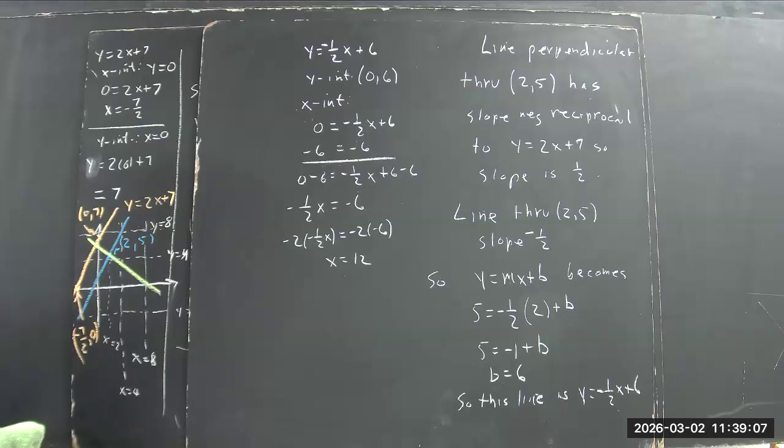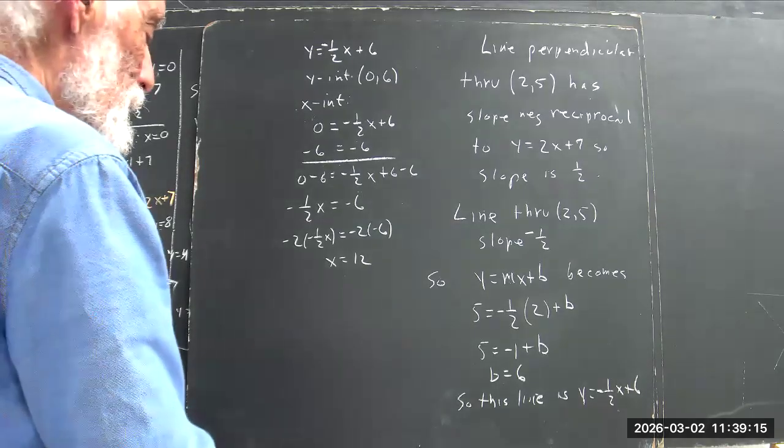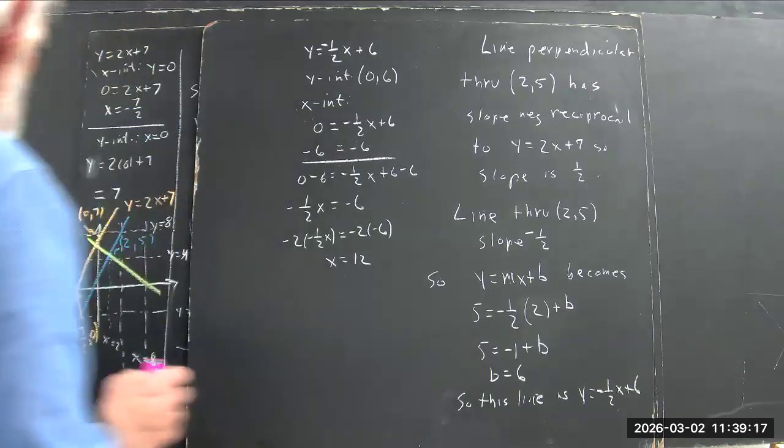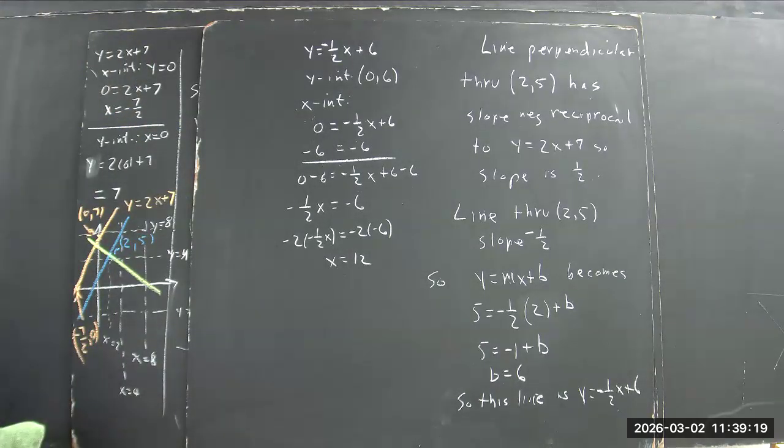Okay. Now, what I want to do next is, I've got this point where the original graph, the y equals 2x plus 7 graph, crosses the y equals negative 1/2 x plus 6 graph.